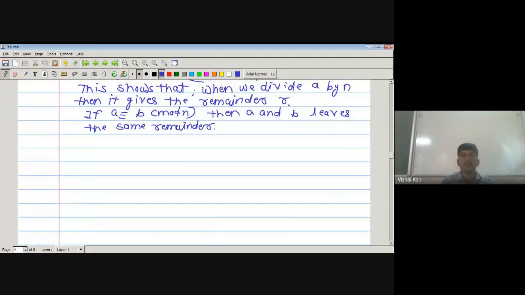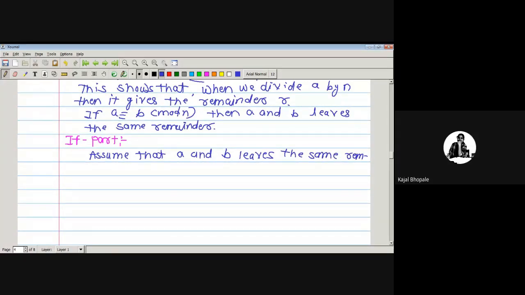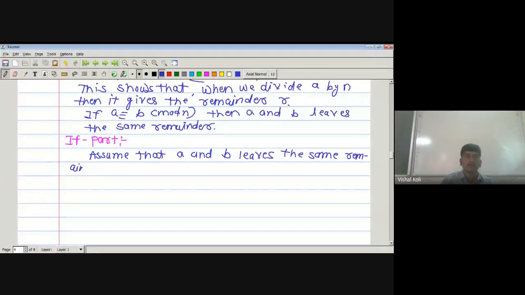Now in second part we have to assume that a and b leave the same remainder, and we have to prove that a is congruent to b modulo n. Now we have to check the if part. Suppose that A and B leave the same remainder when divided by n.